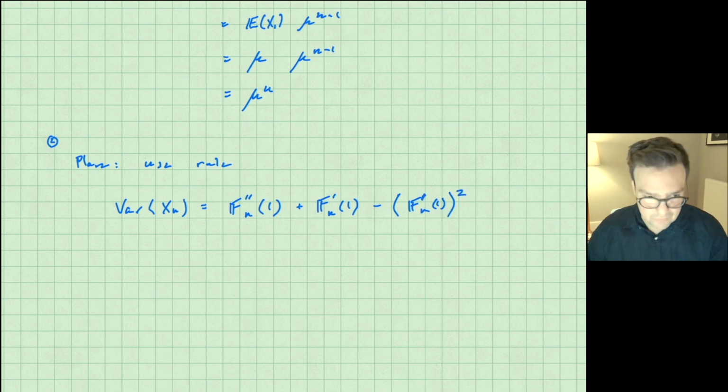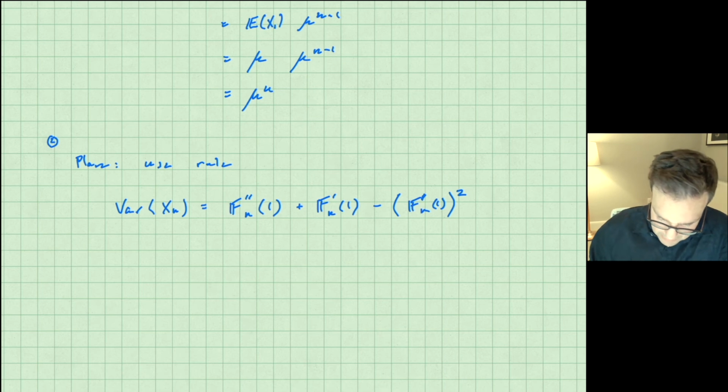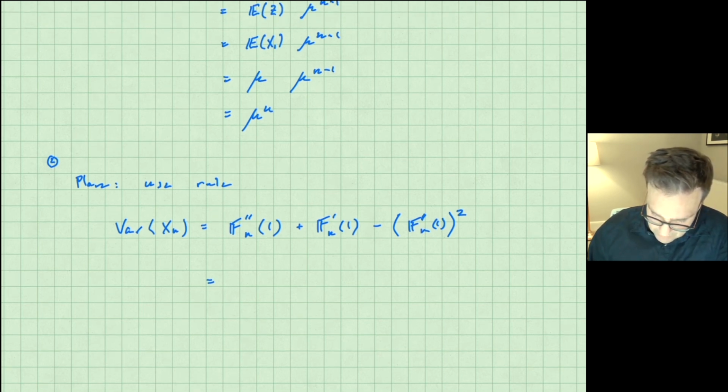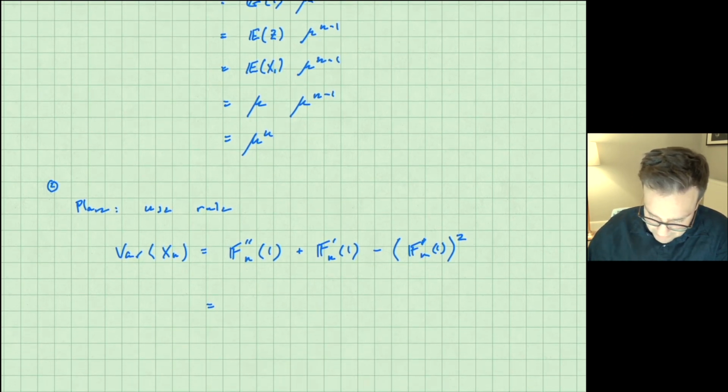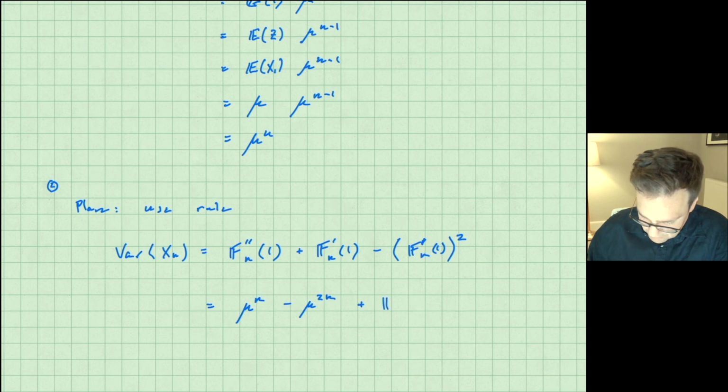Right, so those second two terms we already know how to compute, we just did it. The first derivative evaluated at 1 is the expected value, and so this is mu to the n minus mu to the 2n, and then plus this new thing that we've not yet computed, the second derivative of f sub n evaluated at 1.